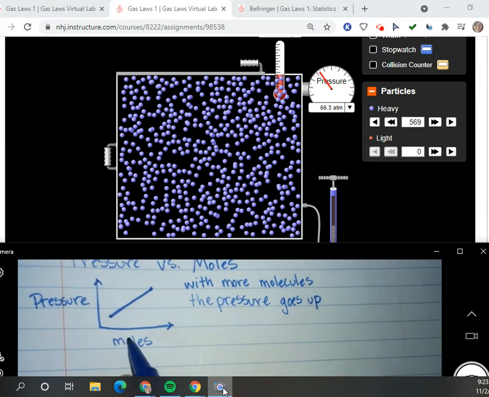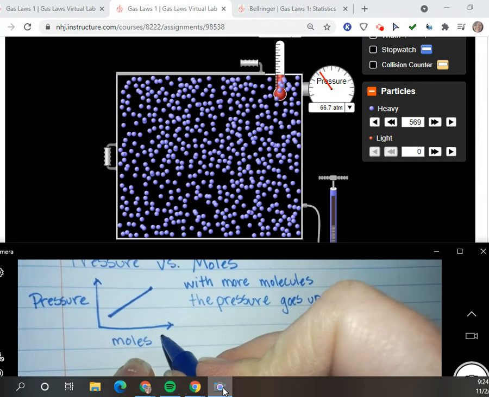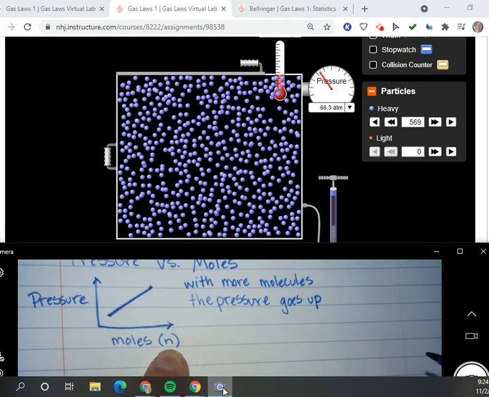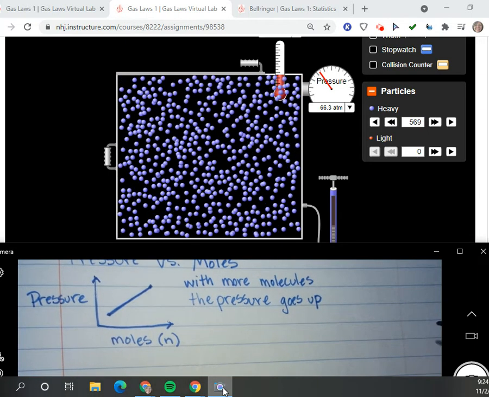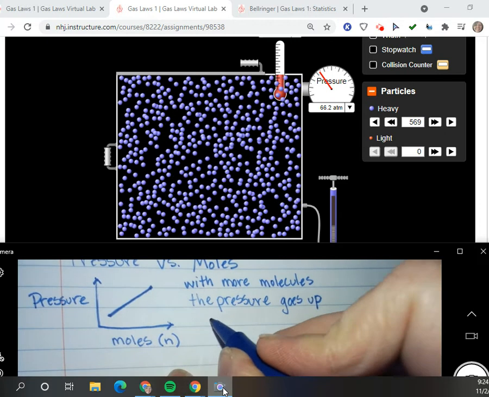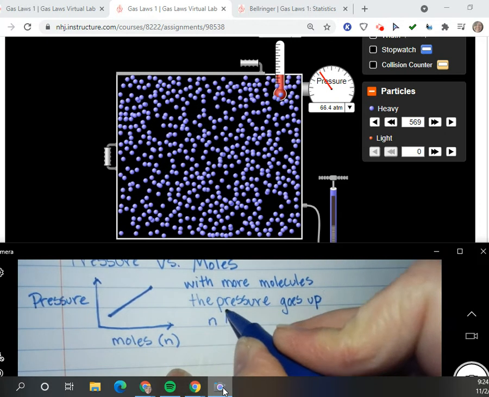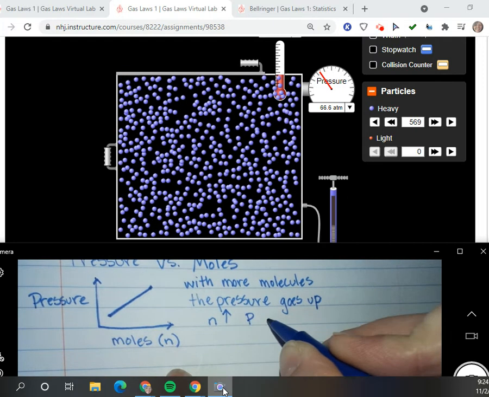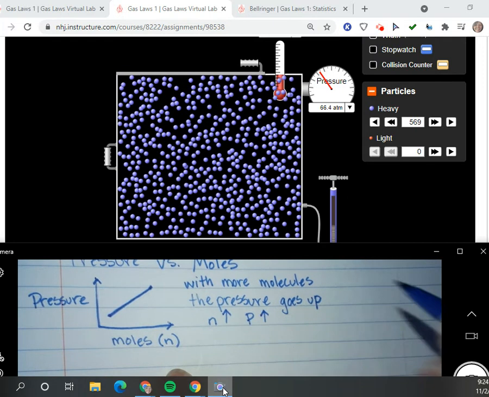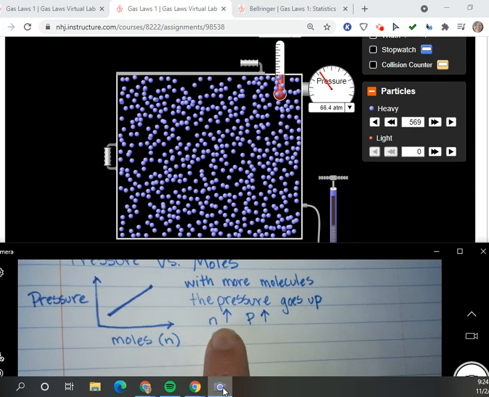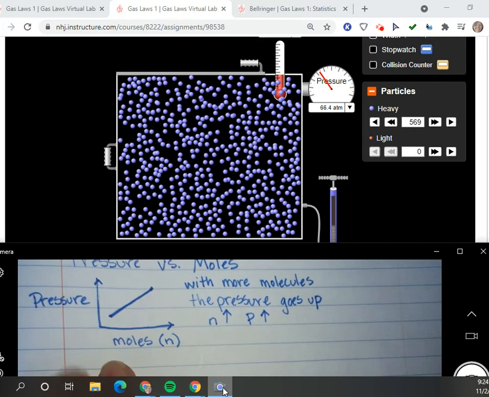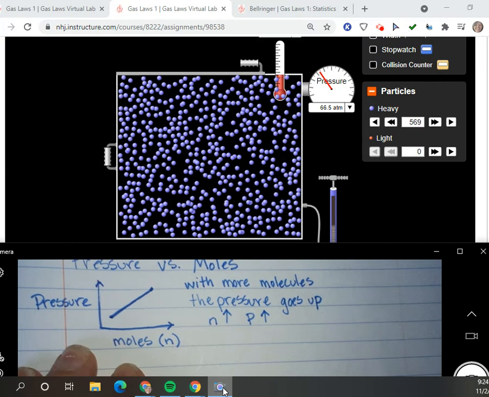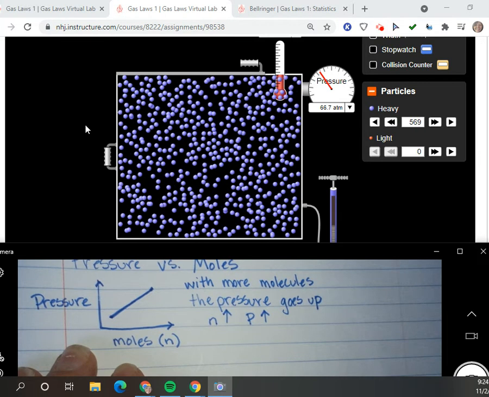We might remember from way back when we first talked about moles, a lot of times we use the letter N to represent moles. So we could write N goes up, P also goes up. These arrow relationships will help us as we answer questions and move on to the actual laws that we're looking at. All right, so that's question 1.